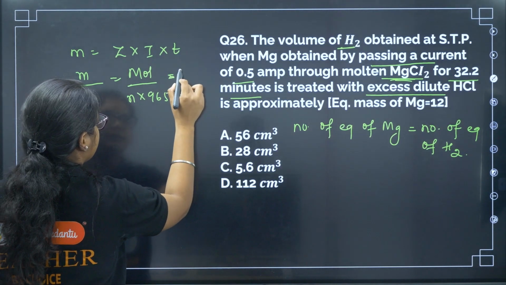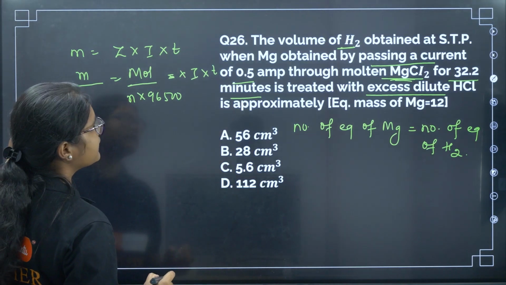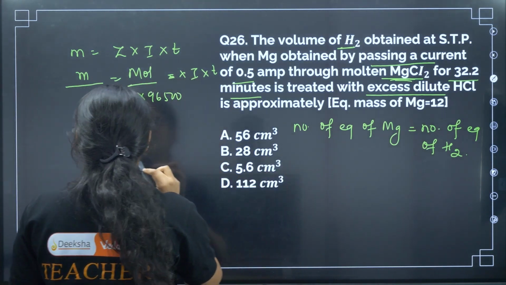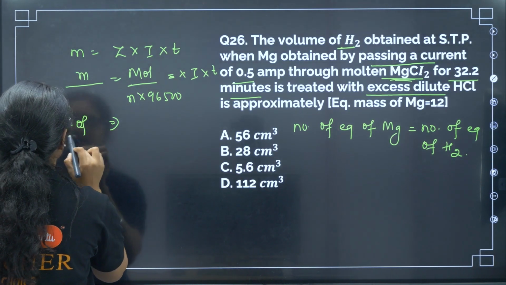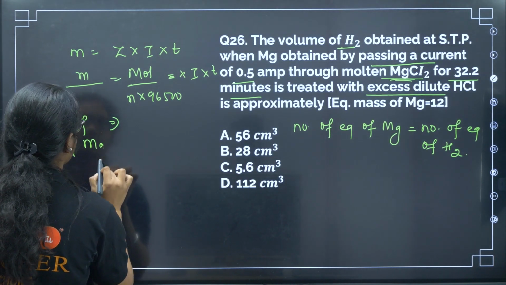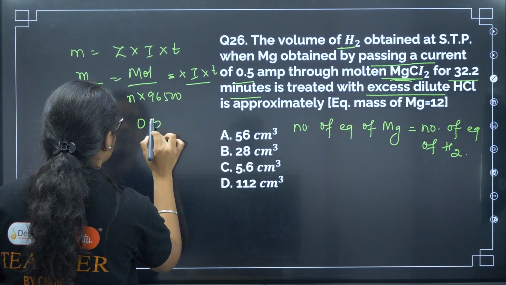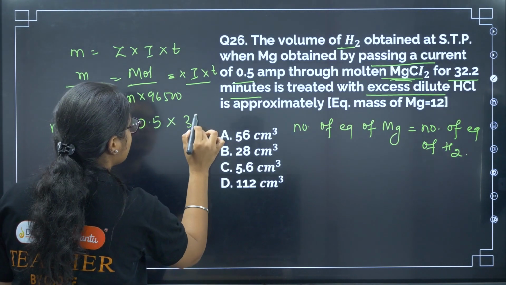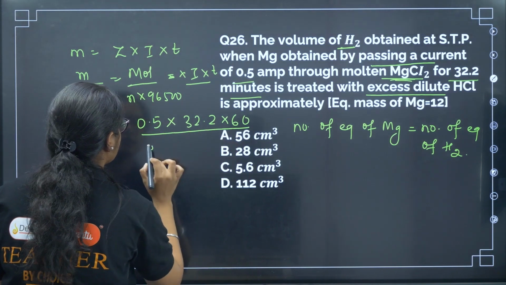So that is equal to I into T, right? So here we have mass deposited, we have to calculate here. So I can write number of equivalents of Mg will be I into T. So current is here 0.5 ampere and time is 32.2 minutes, then convert it into seconds, divided by n factor.